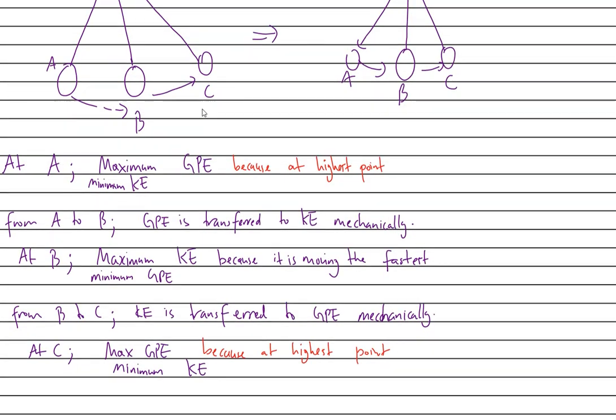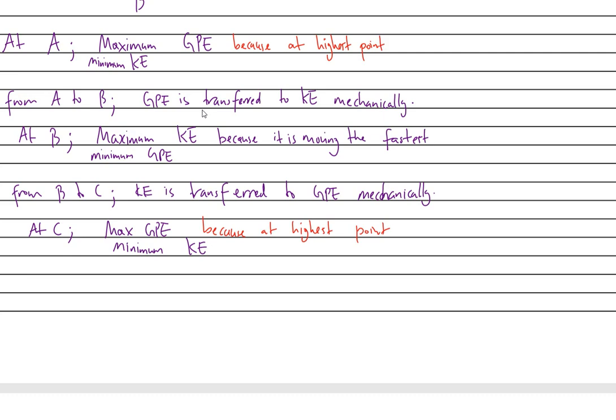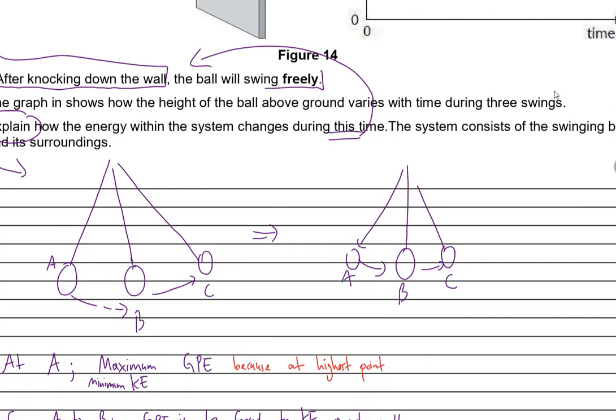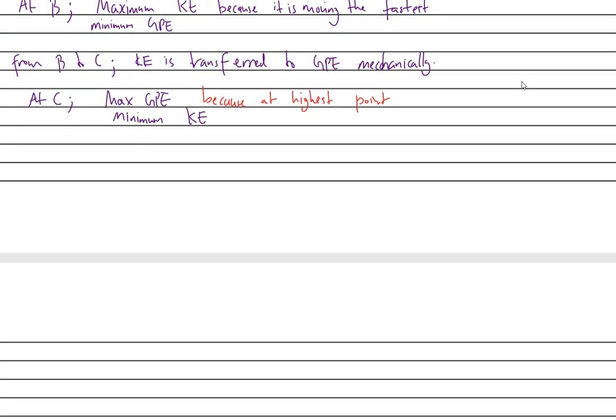Now we have A to B to C. The question we want to ask ourselves is, why does it get smaller and smaller?